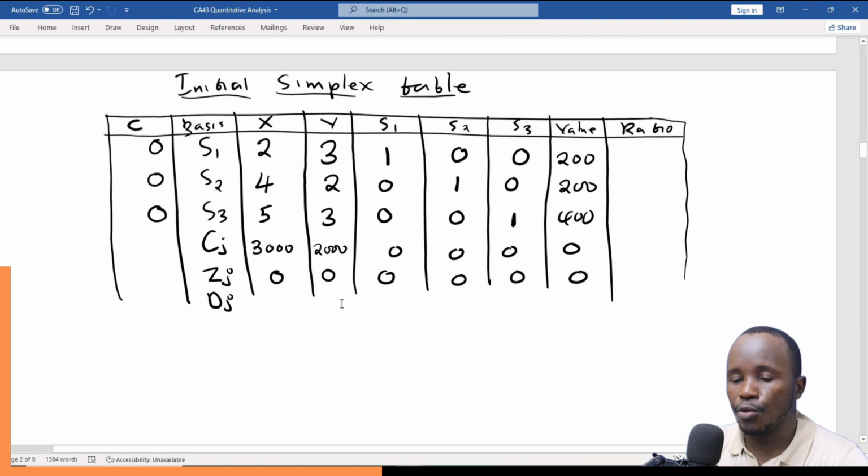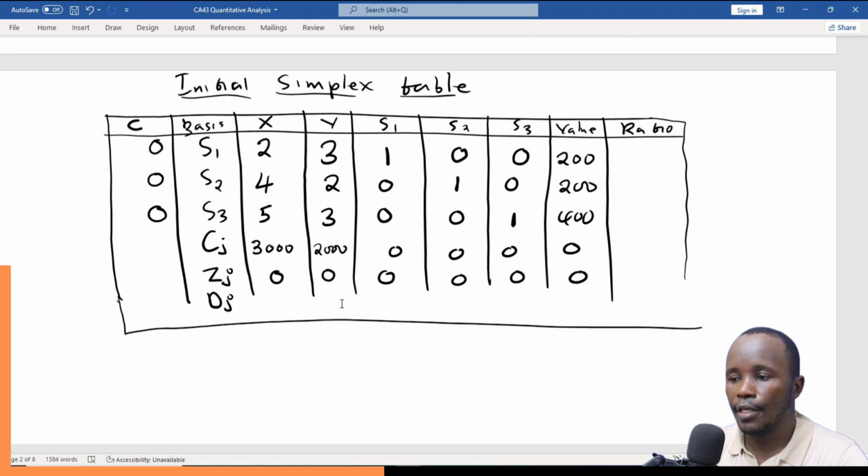DJ, I want you to take note of this. Let me draw this here and emphasize my point. If you want to find DJ, DJ is supposed to be Cj minus Zj.